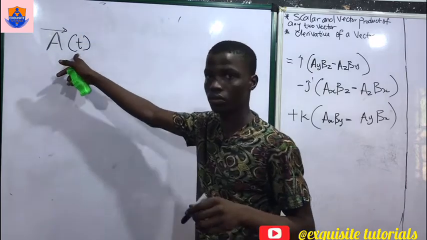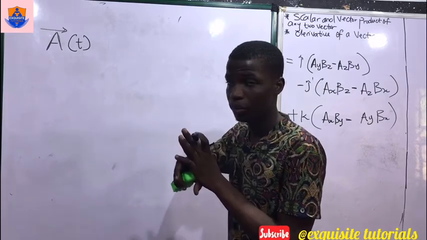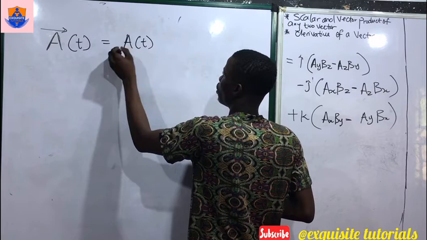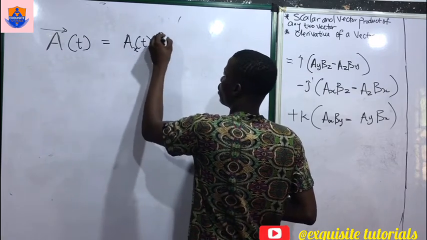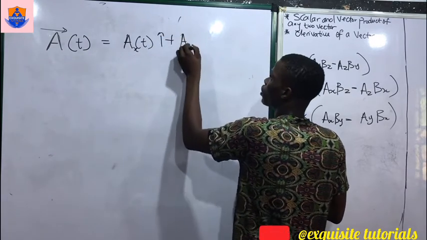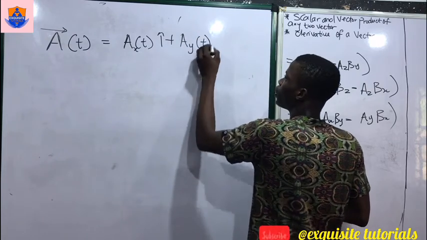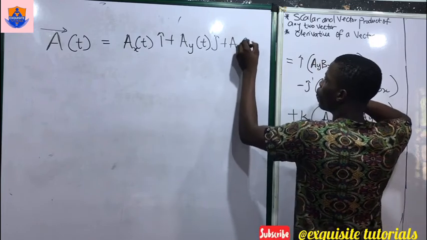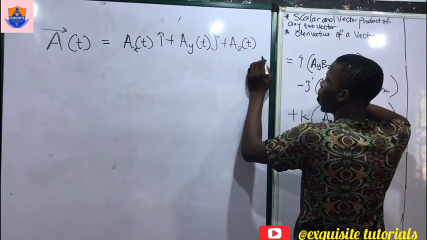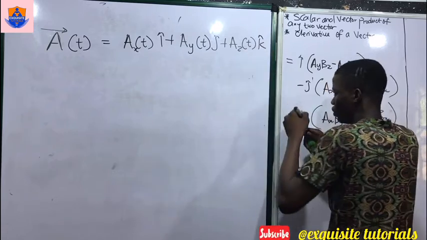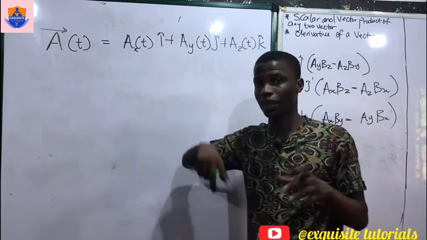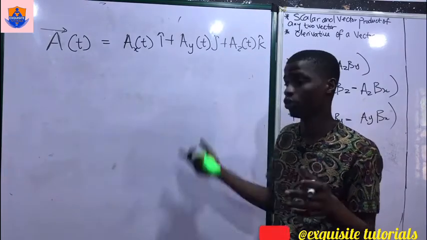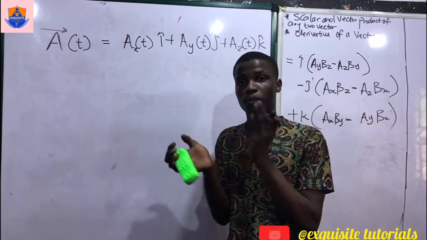This is a vector. The vector is being ratioed with time, first of all, and it gives you A plus. Take note, it might not be time that you are using to rate up your vector.